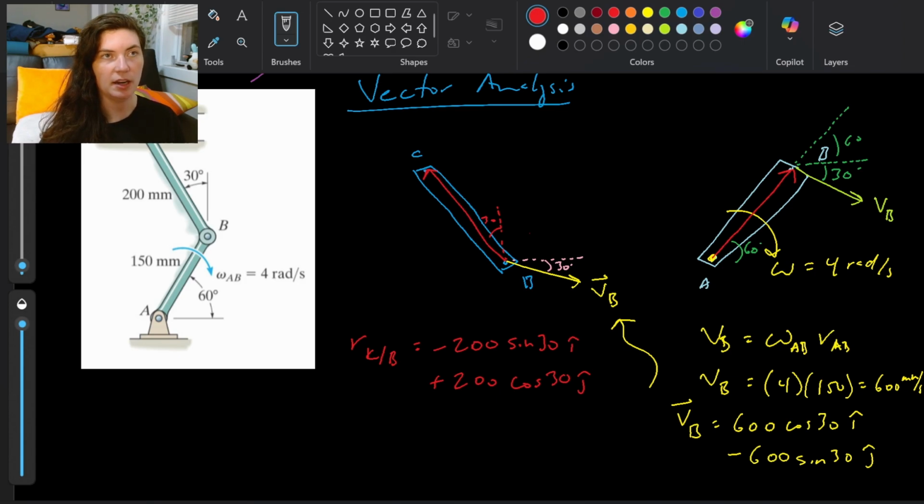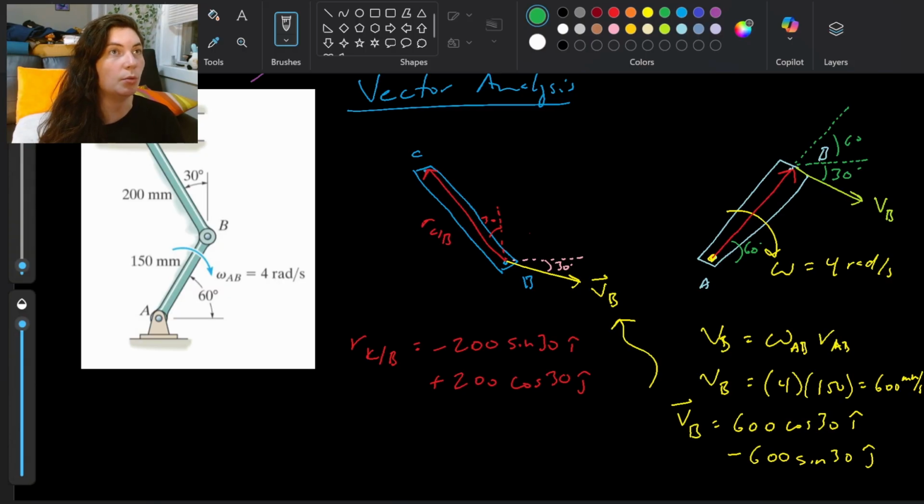All right, so we've got our VB, we've got our position vector of RC with respect to B. Now we'll have our rotation. So C is either moving to the left or to the right. We know that VC is going to be entirely in the x direction.